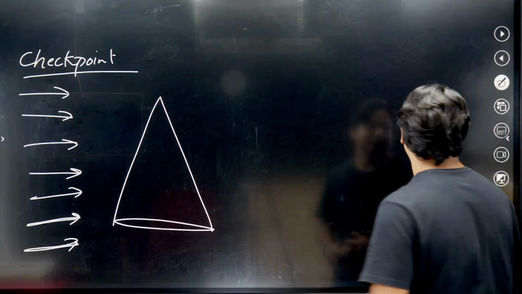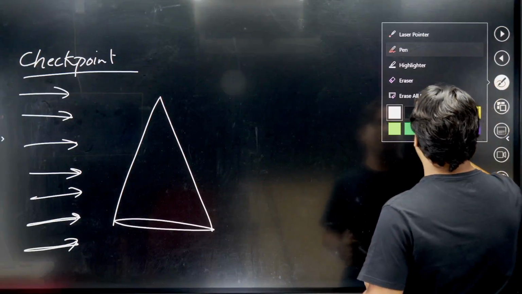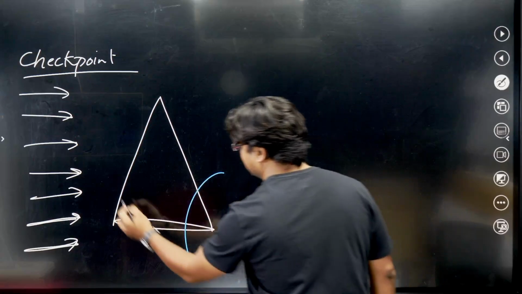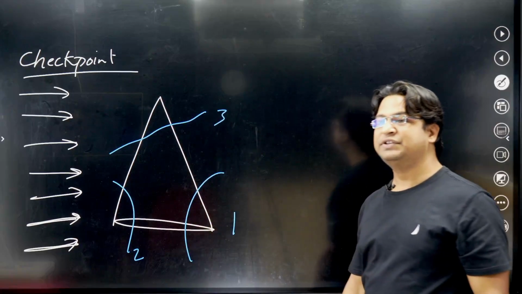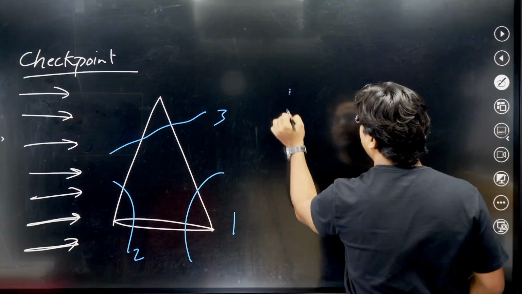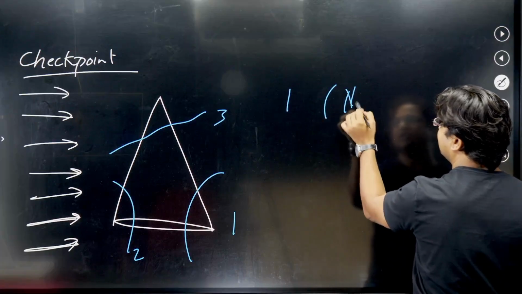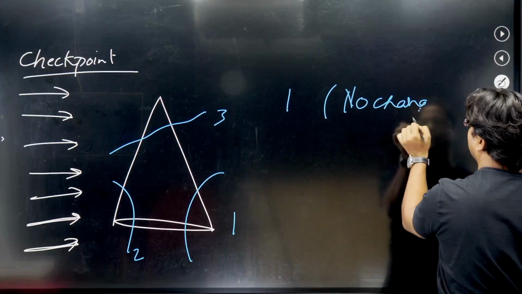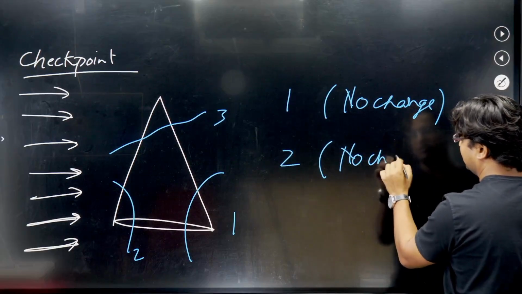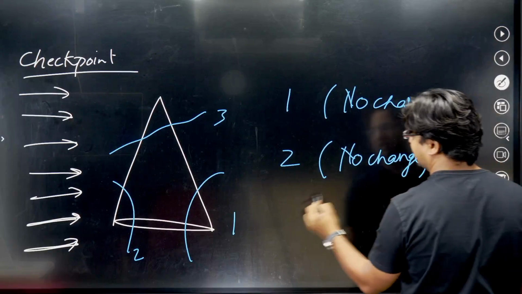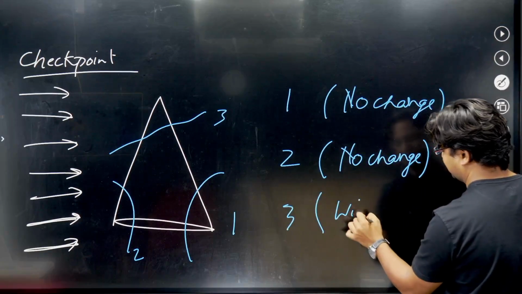Okay, so let's see. This is cut 1, cut 2, cut 3. Out of these 3, cut 1 will not change the force. I'll tell you the reason in a short while. Cut 2 will not change the force, and cut 3 will change the force.